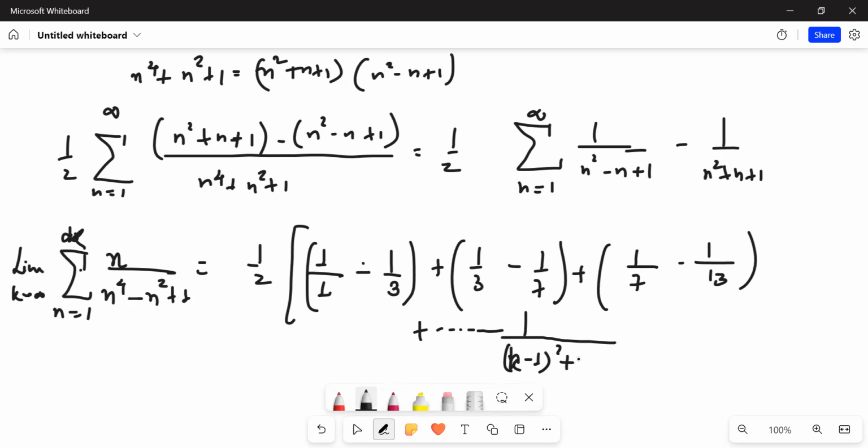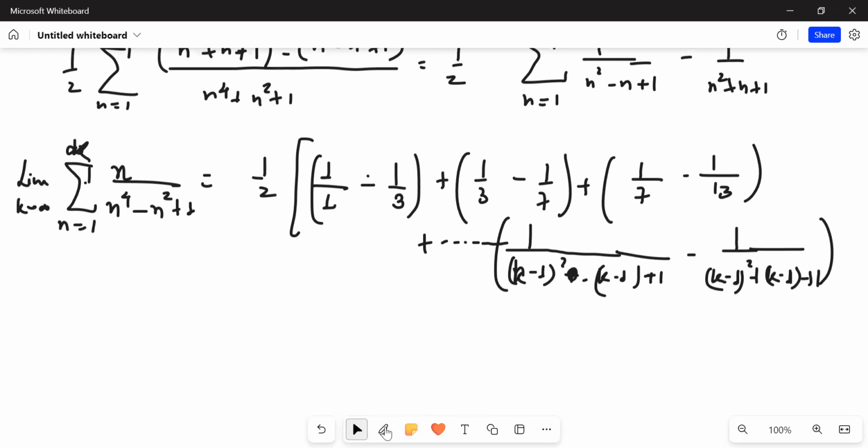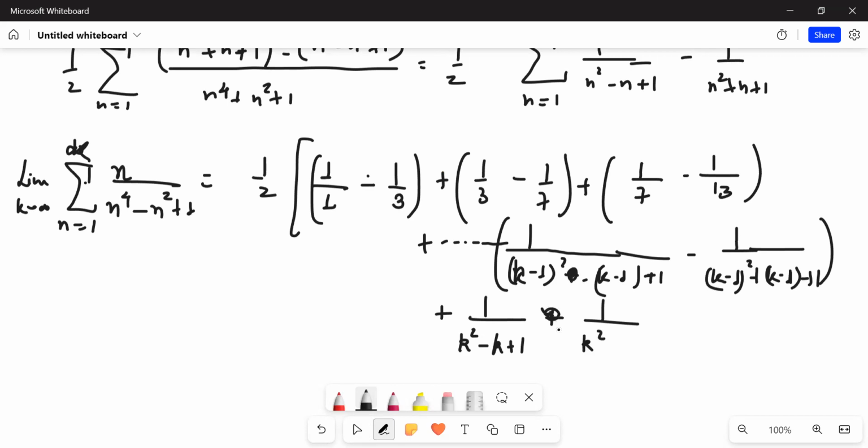So k minus 1 here, it would be minus 1 upon (k minus 1) whole square plus (k minus 1) plus 1, and at the end the last bracket would be 1 upon k square minus k plus 1, minus 1 upon k square plus k plus 1. Okay, so this is one thing.